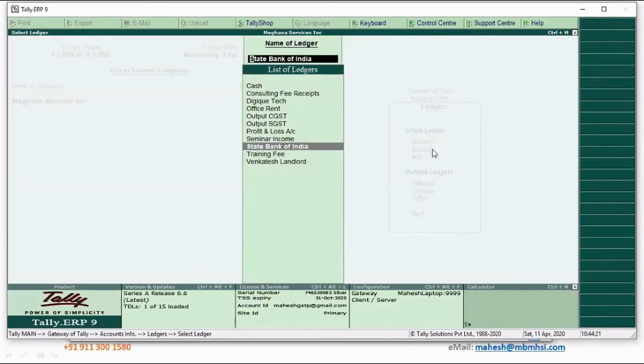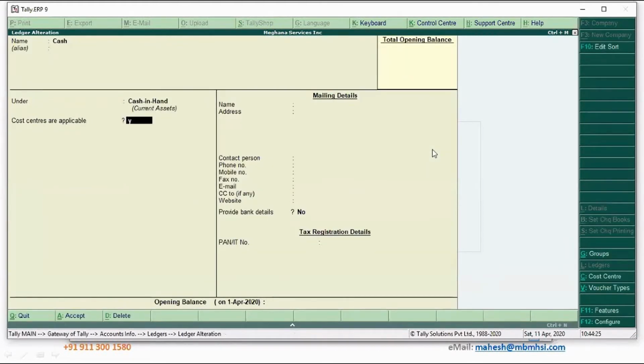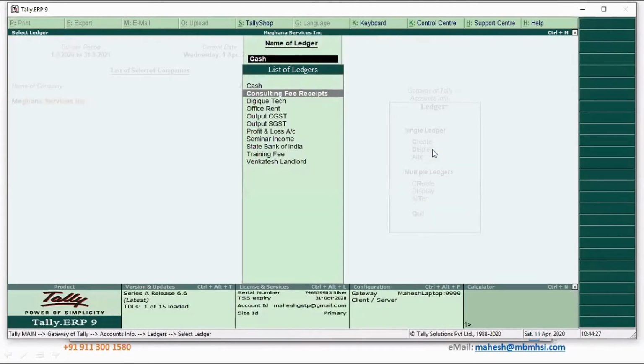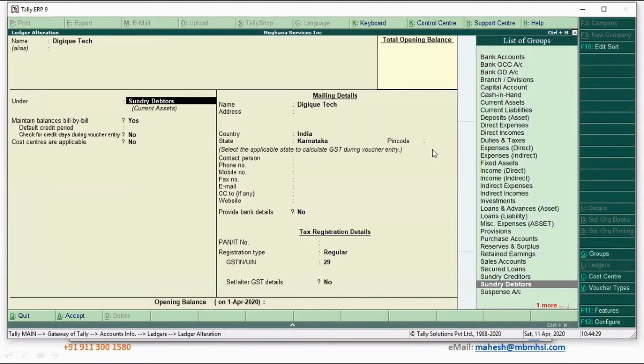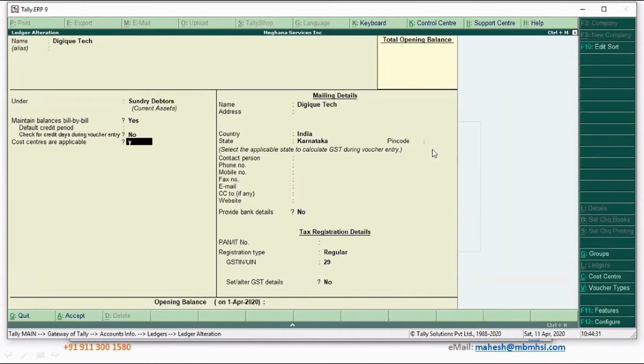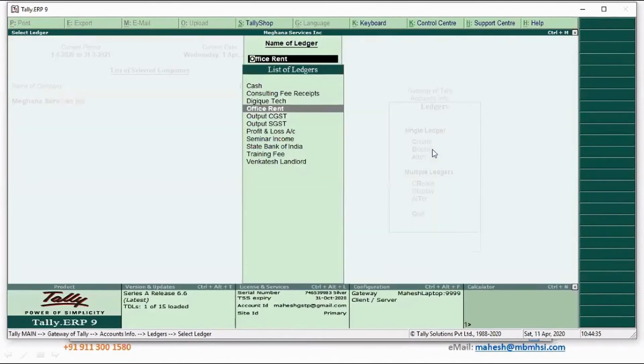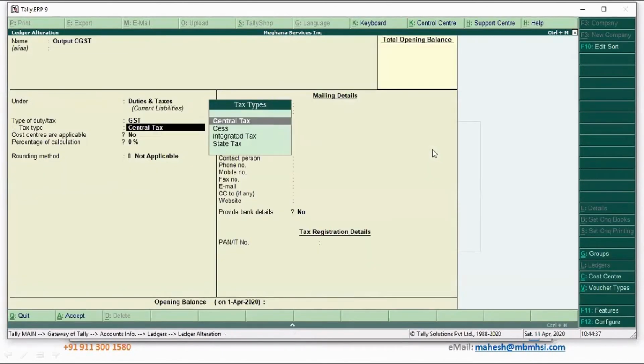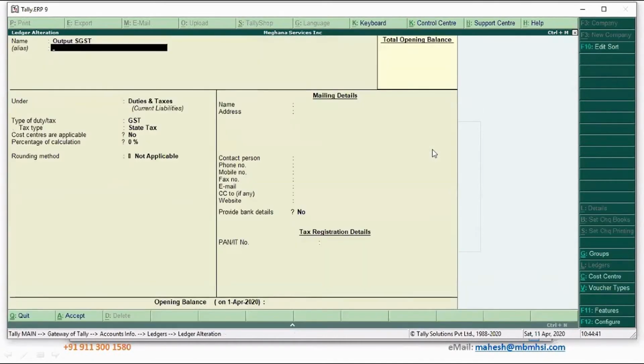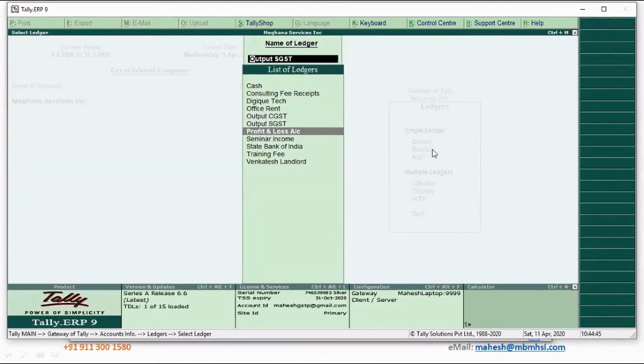Even for cash, I could go and enable the cost center. Consulting fee, anyhow it's there. Digitech, for this party also I'm enabling the cost center. Office rent, yes, cost center is enabled. Output, yes, for this also I need cost centers, because I need to track every ledger against which project I'm spending or receiving.